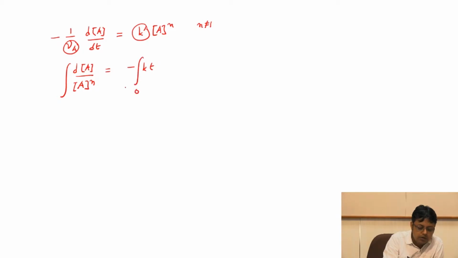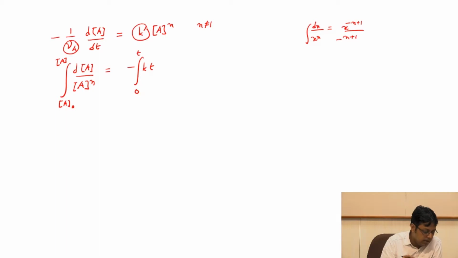When time is 0, we use the same notation: the initial concentration was A0, and at time t it is A. The integration of x to the power minus n is x to the power minus n plus 1 divided by minus n plus 1.